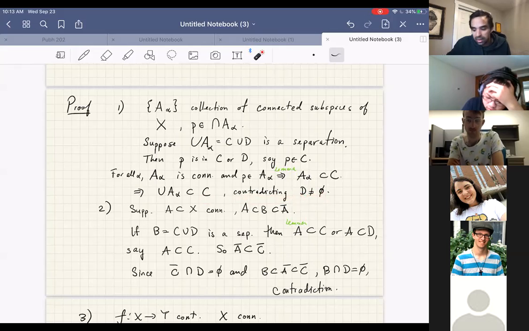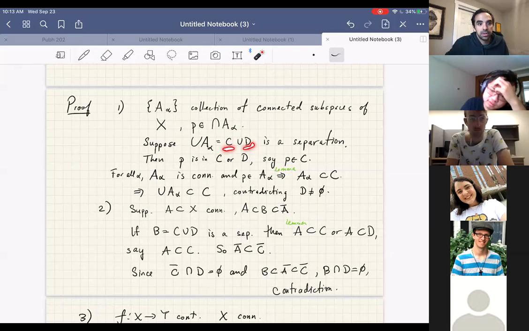Maybe I'm not writing this in the optimal way. There's a cleaner argument without having to use a contradiction. You can just say, suppose the union of the A alphas is given by a union of disjoint open sets, and then you prove that one of them has to be empty.